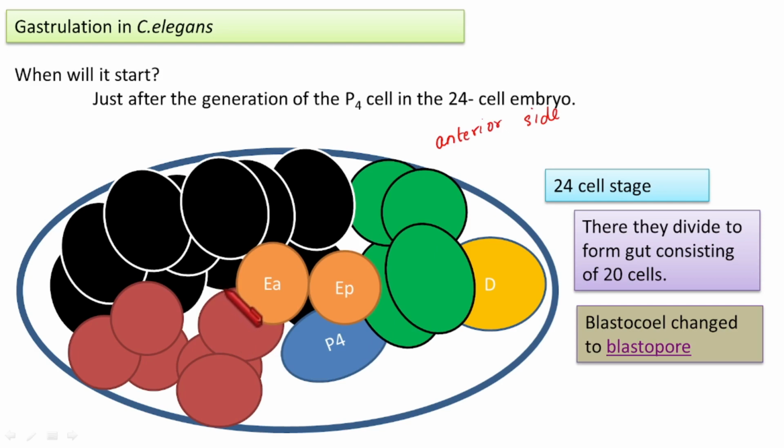Followed by that, the C blastomere descendants as well as the D blastomere descendants also migrate to the inner side of the embryo through the posterior side of the blastopore and enter internally.